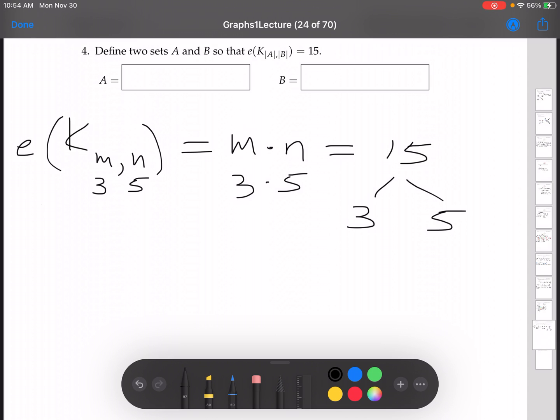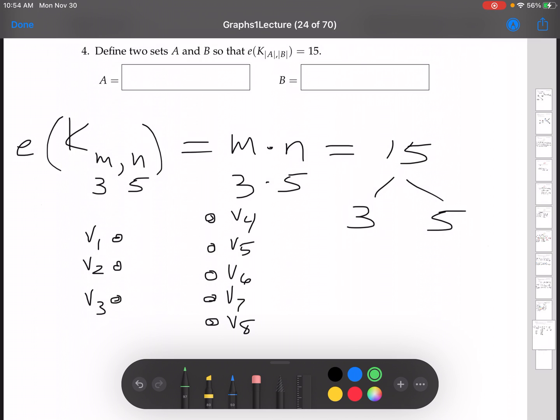Now remember, the M was the number of vertices. So to do this, we're going to need V1, V2, V3, V4, V5, V6, V7, and V8.